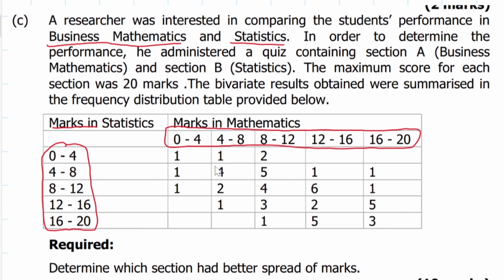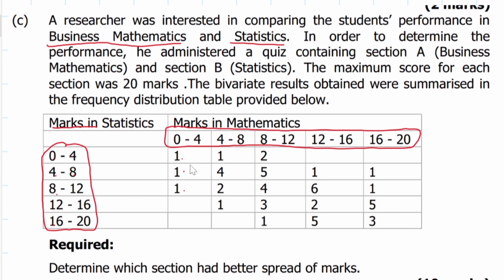However, here we have the marks in mathematics. These are the number of students, because they're telling us that this is a frequency distribution. So the marks are the classes 0 to 4, 4 to 8, 8 to 12, 12 to 16, 16 to 20. Those are the marks that were obtained.